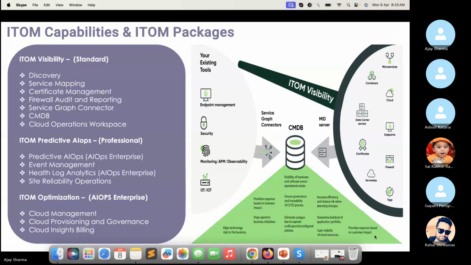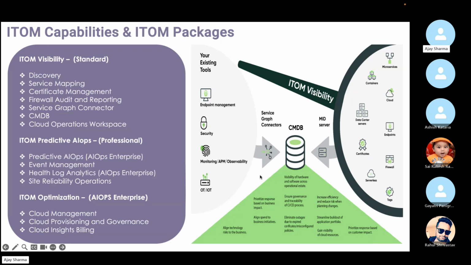So Ajay, what is the meaning of site reliability operations? Site reliability operations comes into the picture if you have multiple sites in your organization where you have to run your operations.